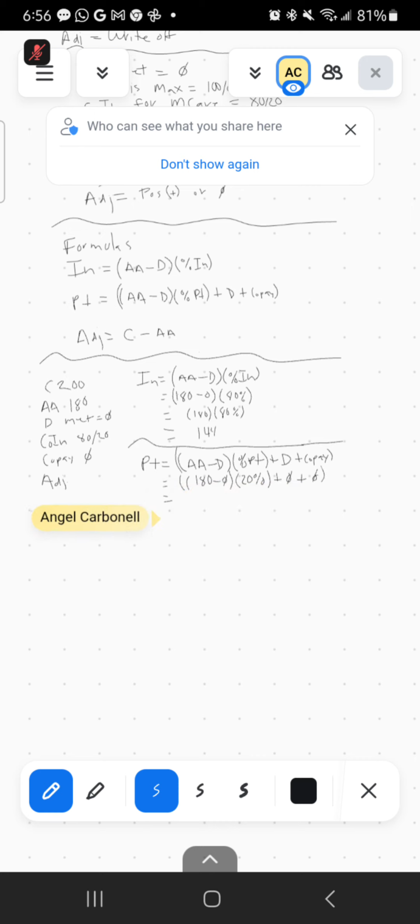Okay, so technically we have 180 minus 0, so 180 times 20. And then 0 plus 0 is 0, so whatever that is, it should be $36, something like that, maybe. 18 times 2, 36. Yes, it should be 36. Where's Eva Marie Cruz, our accountant? I got 36 too. 36, okay. So both of us are wrong or both of us are right.